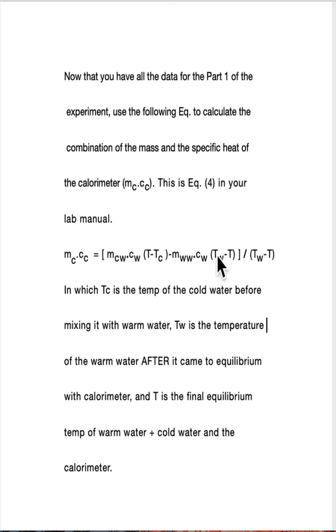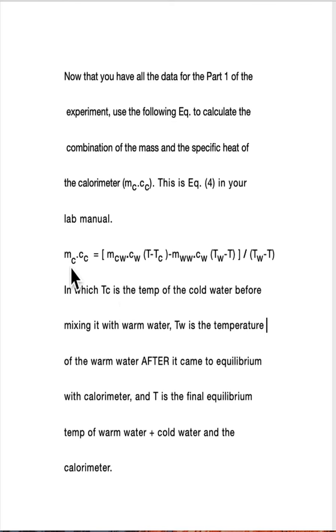Please note that this TW is after the warm water and calorimeter reach the thermal equilibrium. Then the whole thing is divided by this same factor in here, temperature of water minus temperature of the mix. Down here it just says the same thing.